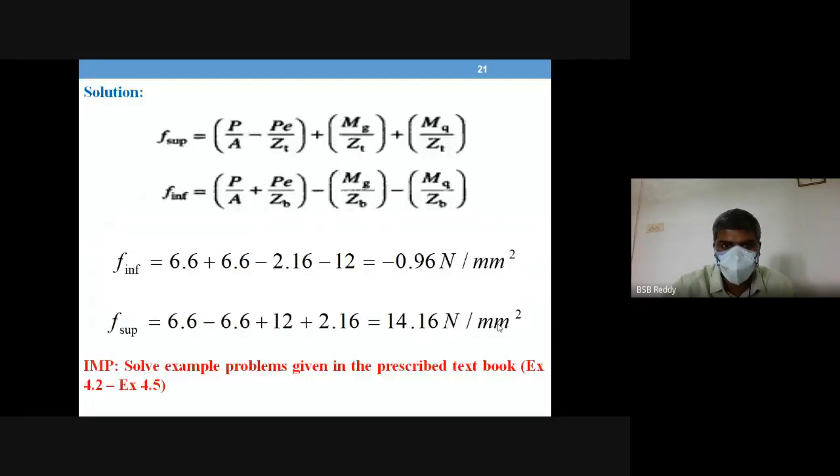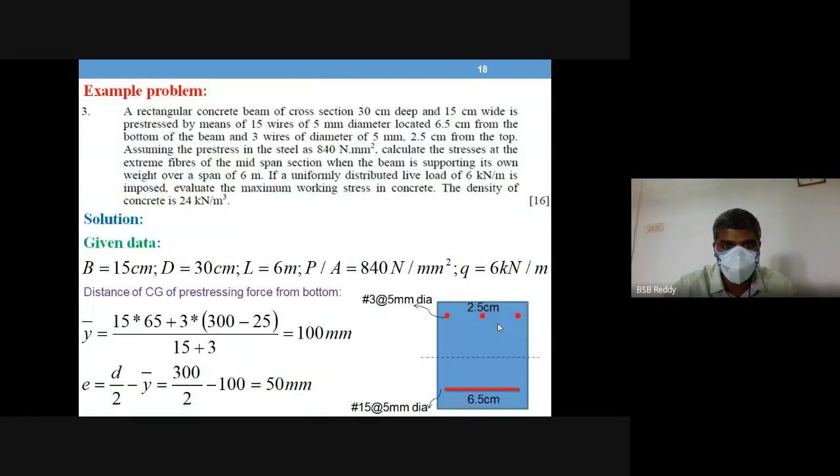Last session, we talked about the calculation of resultant stresses in a pre-stressed concrete member, and we have seen two such examples.